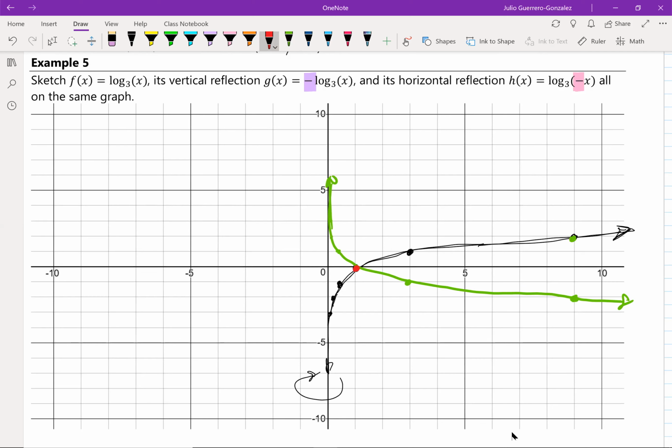This point gets to go here. This point way over yonder flips all the way over here. Right? And then same thing for the other point. So that goes there, goes there, goes there. And then back to kindergarten.